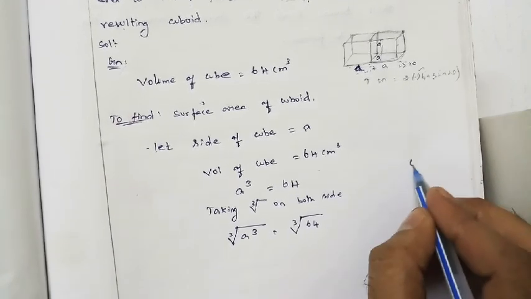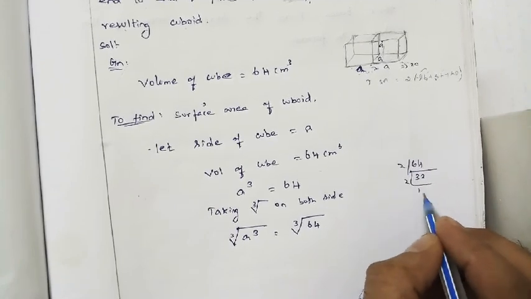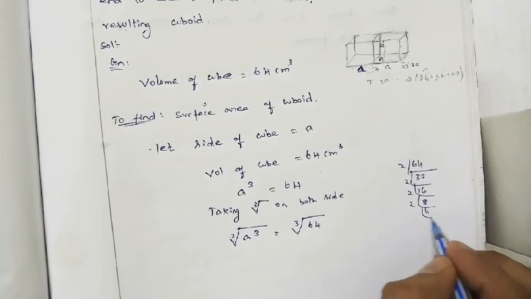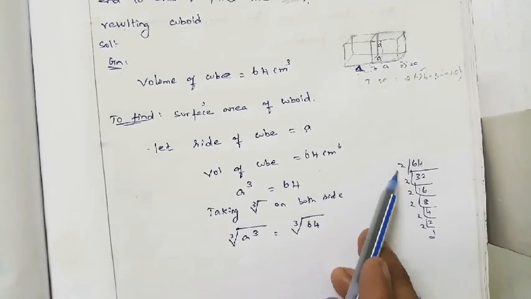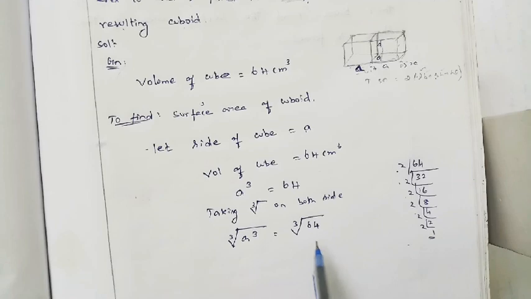Do the prime factorization of 64: 2 times 32, 2 times 16, 2 times 8, 2 times 4, 2 times 2, 2 times 1. So how many 2s are there? 1, 2, 3, 4, 5, 6. Six 2s are there. The multiple of six 2s is nothing but 64.